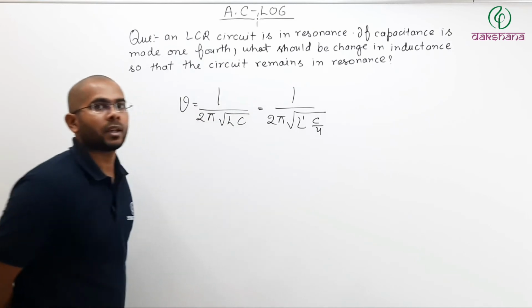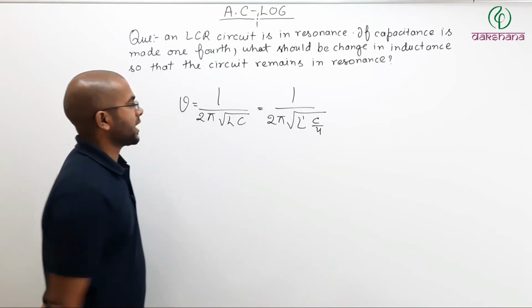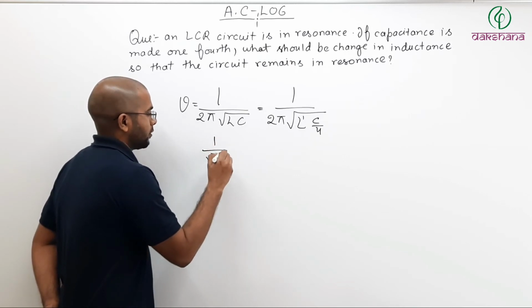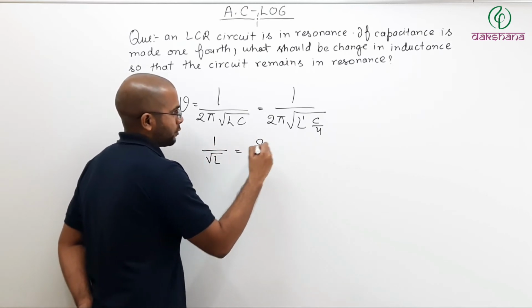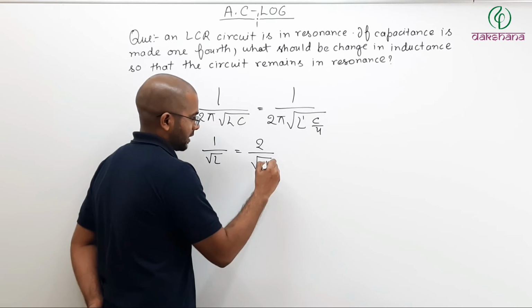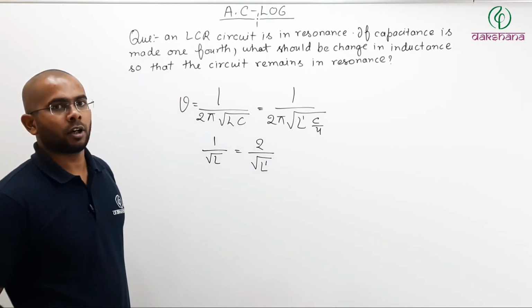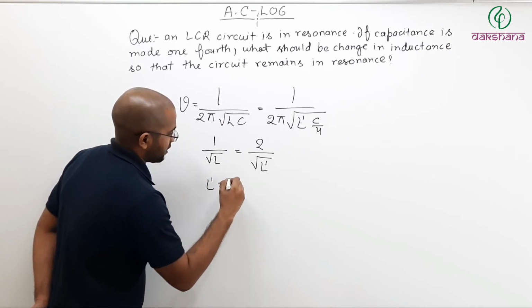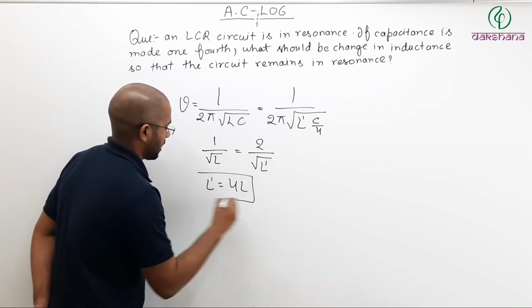Here 2 pi cancels, C cancels, what will you get? 1 by root L equals 2 divided by root L dash. Square both sides. So L dash is nothing but 4 times L.